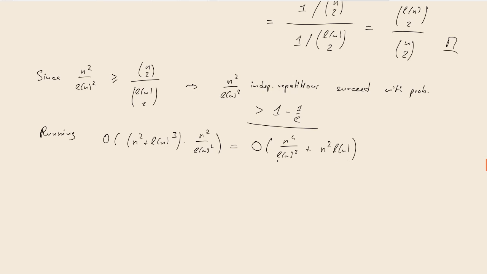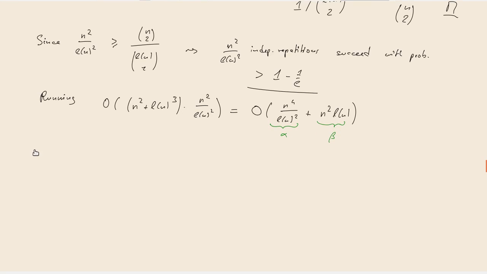Okay, so that makes 2 parts. And the asymptotic running time is optimal if the two have the same kind of growth. So what we want is that alpha is theta of beta for large n.